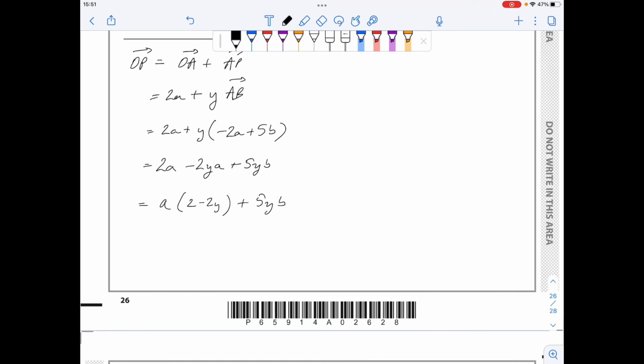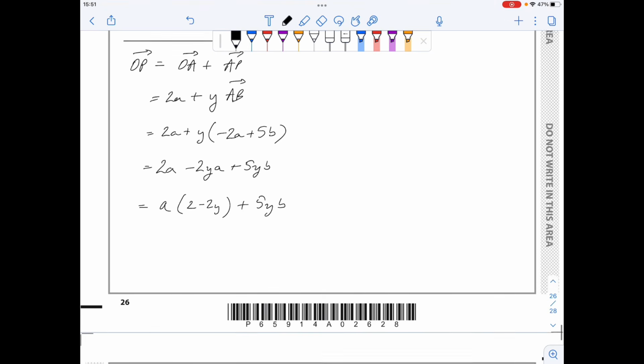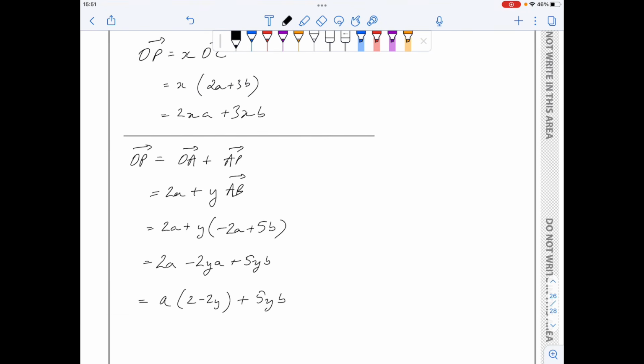Now, because OP has the same starting and end point, the two routes should be equal. So 2x must be equal to 2 minus 2y. Those are the coefficients of a. And 3x must be equal to 5y.